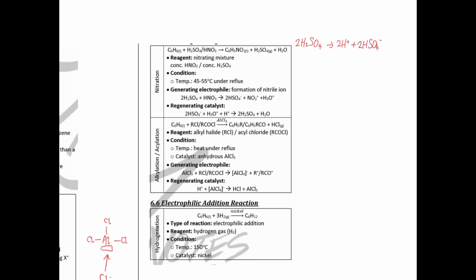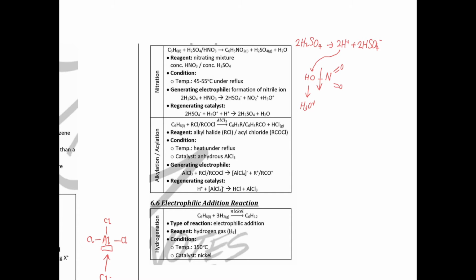And they go and find the nitric acid. Nitric acid looks like this. What happens is that here it breaks down, and two hydrogens come here, and they form H3O positive.